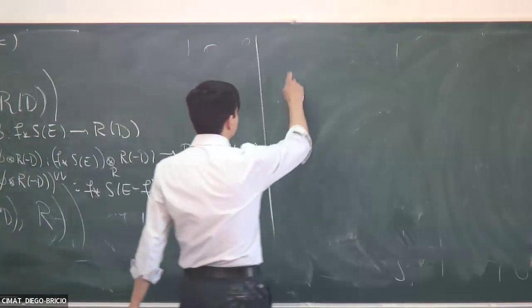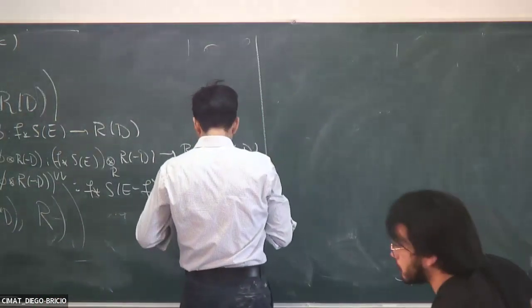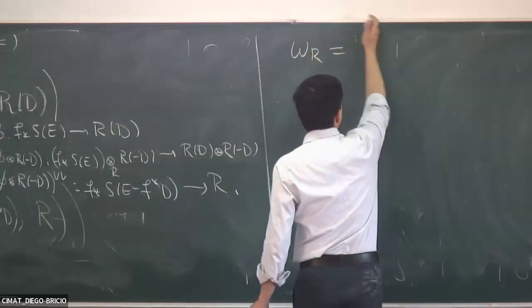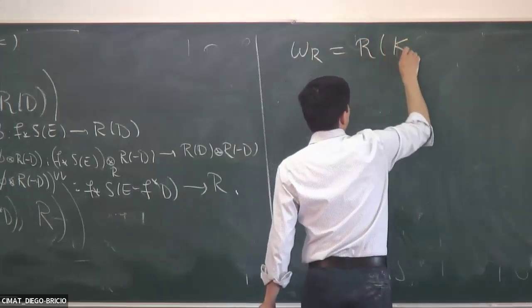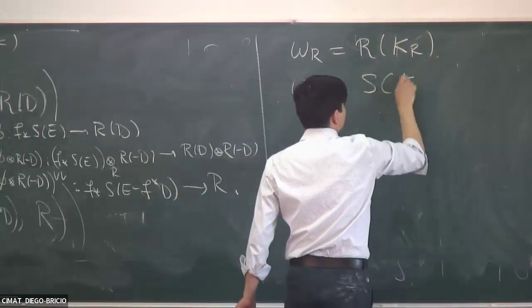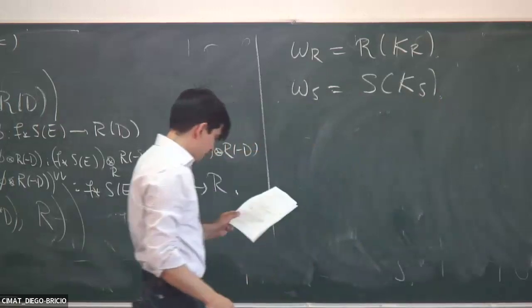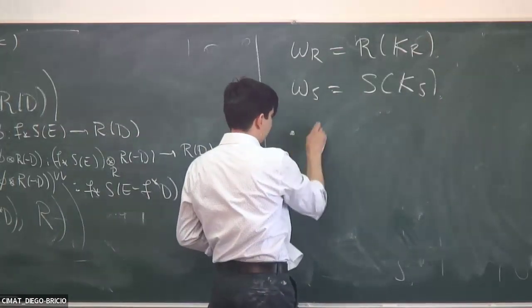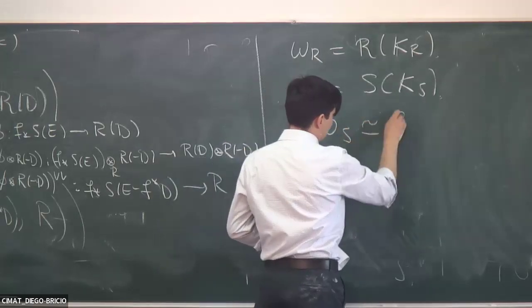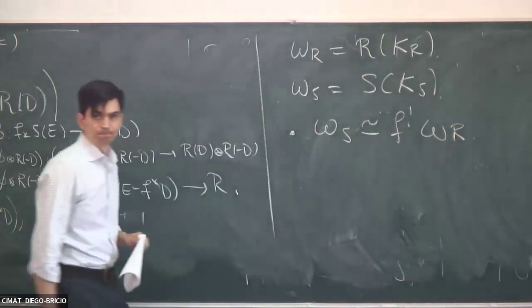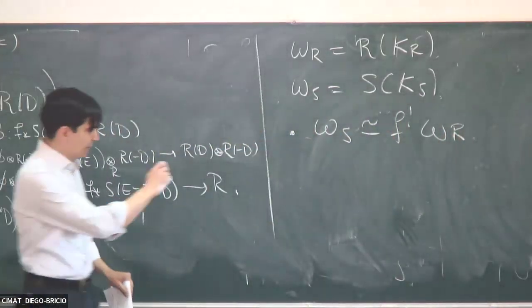Okay, now let's invoke back the canonical models. Now we have this thing. And remember that we have this very important hypothesis, which is to say that we have an isomorphism like this. Okay, this is a hypothesis.